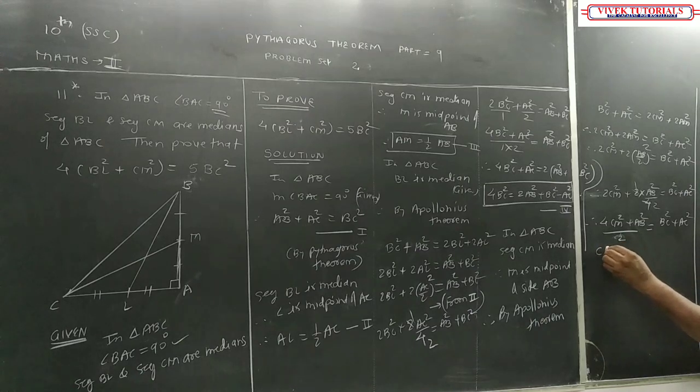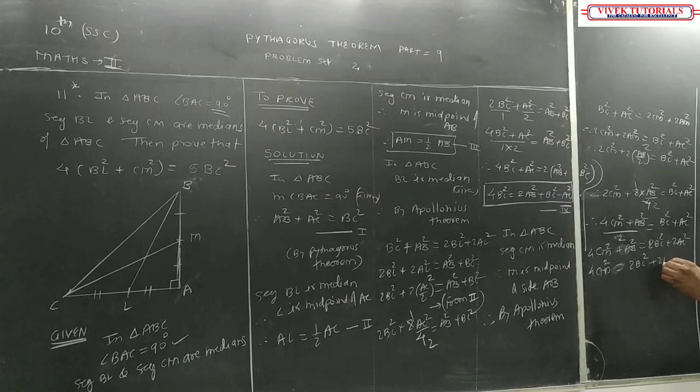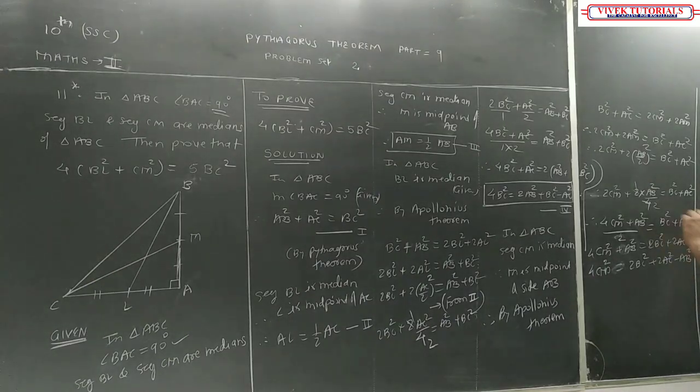So what I am getting is 4CM square is equal to 2BC square plus 2AC square minus AB square. These are the two important equations we got, and this is equation number 5.